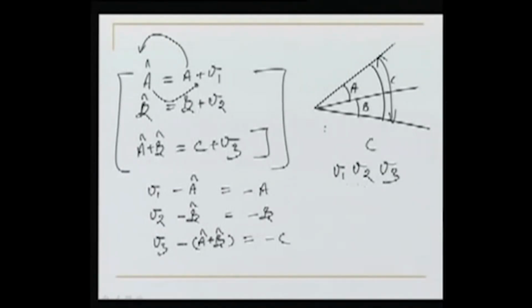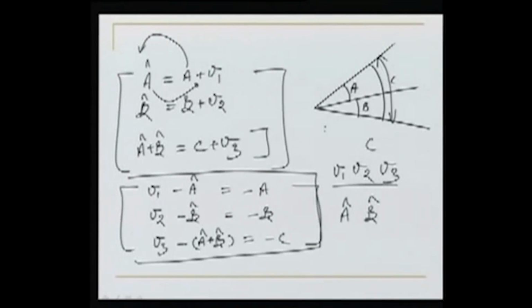If I now write this in matrix form, our parameters are A hat and B hat.